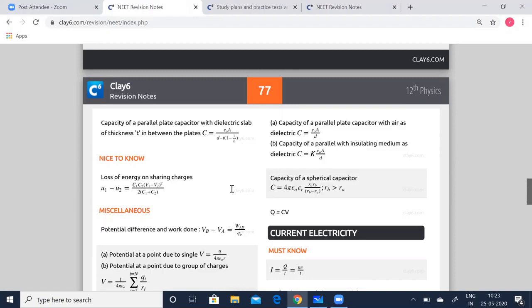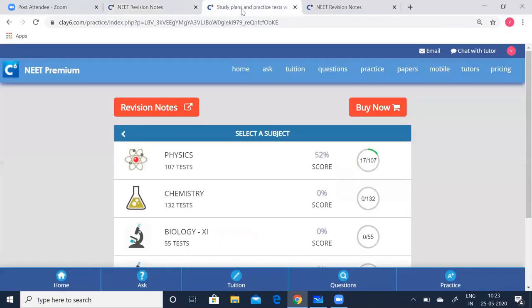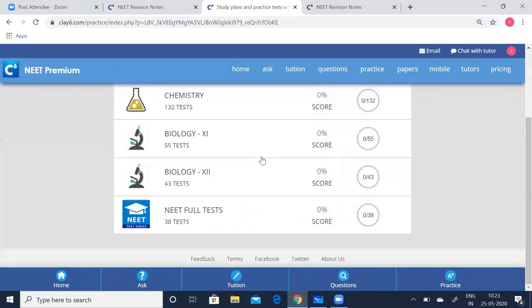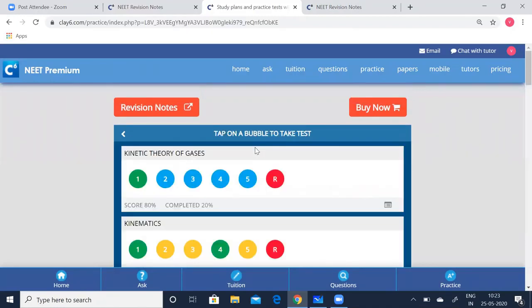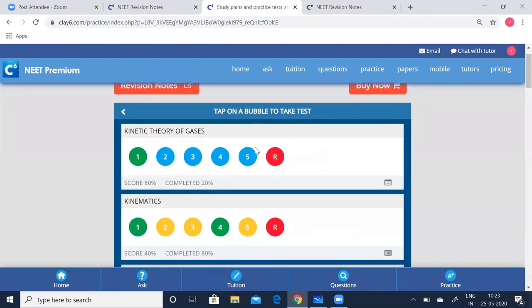Now let us go to the tests. You have tests for all the three subjects: physics, chemistry, biology, and also the NEET full tests. To take the physics test, click on physics. We have chapter-wise tests for all the chapters, right from the first chapter to the last one.